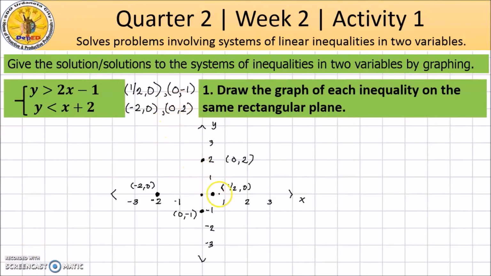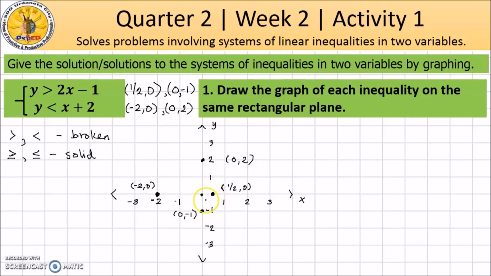Now, after plotting these points, we're going to decide if we're going to use solid line or broken line. Since the inequality used here is greater than and less than, we're going to use broken line. But if we're going to use greater than or equal, or less than or equal, we're going to use solid line.